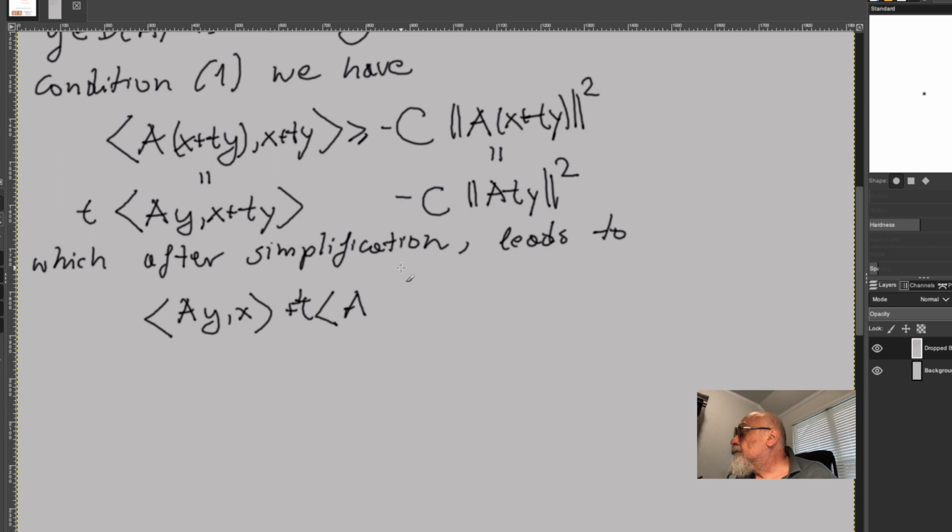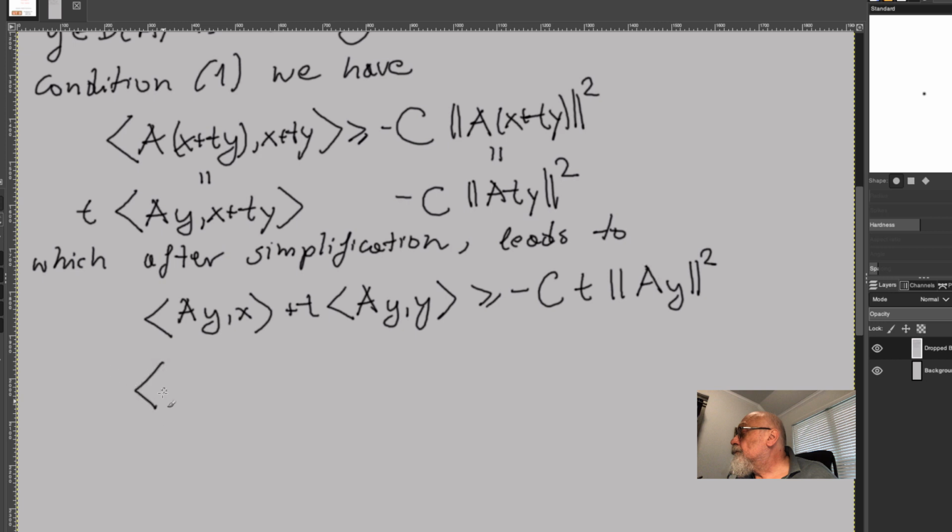So this means that ⟨Ay, x⟩ plus t⟨Ay, y⟩ is larger or equal to minus C times t times the norm of Ay squared.